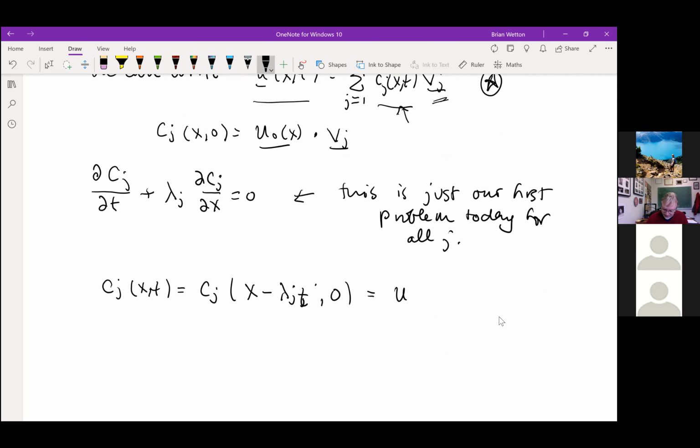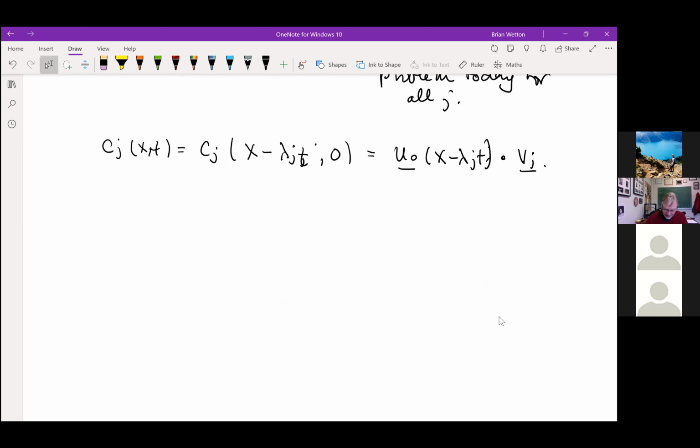And that's the initial data inner product with the vector.